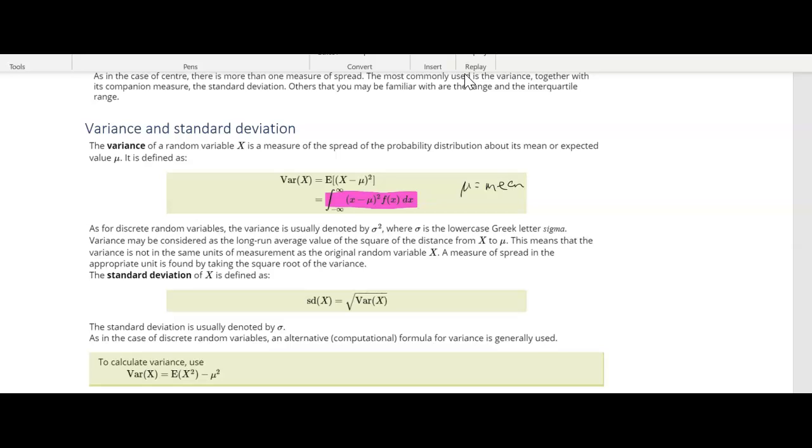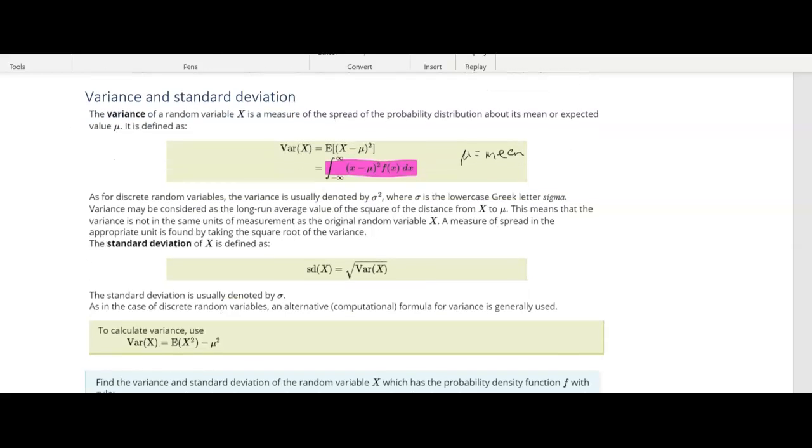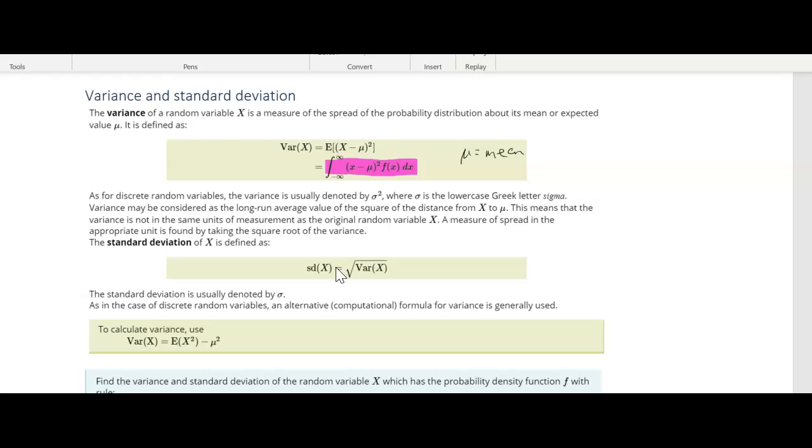So we're using definite integrals again. We do need to calculate the mean first. I was just going to refer you back to this formula here, but we can use either one. So we need to calculate the mean if it's not given to you, and then you calculate the variance.